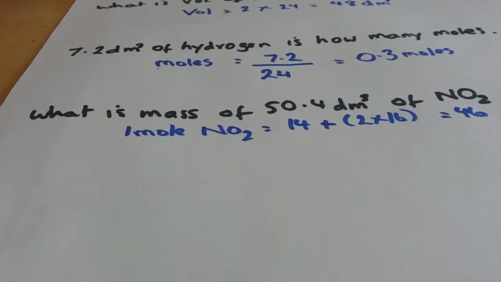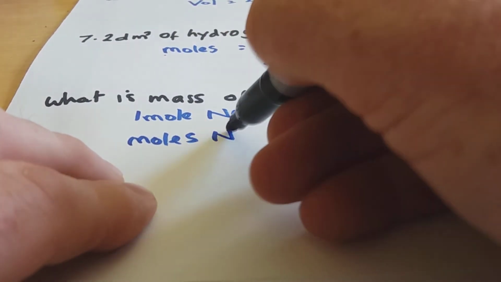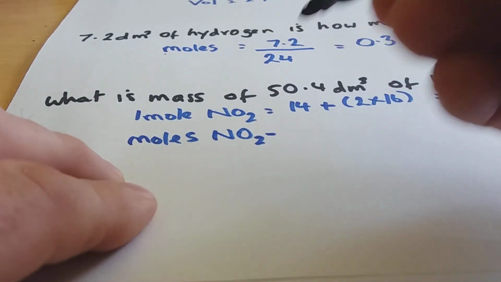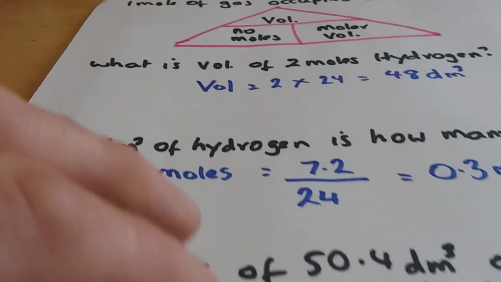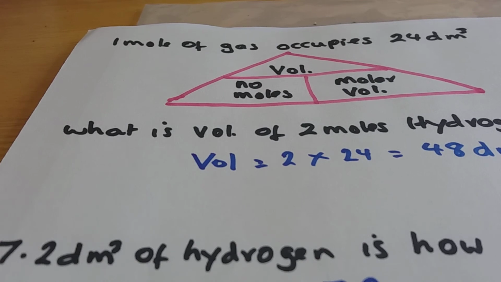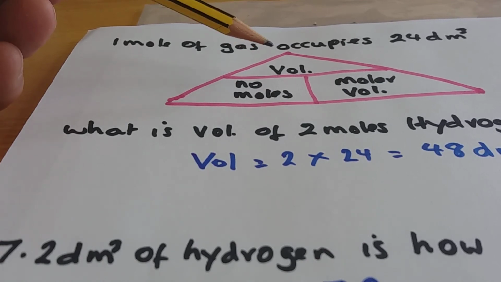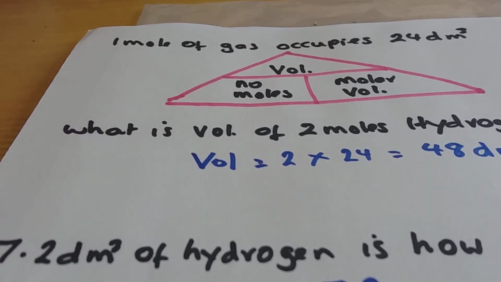Now, if we've got a volume, what we need to do is work out the number of moles. So moles NO2, and we know the moles, to work out the number of moles, that is the volume divided by the molar volume.